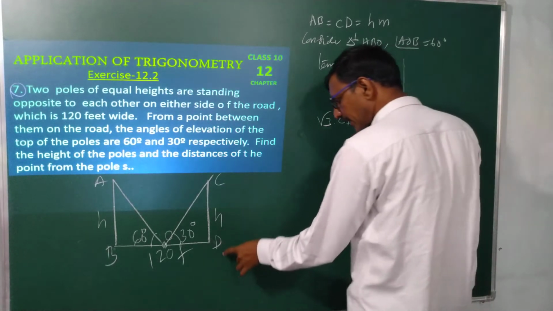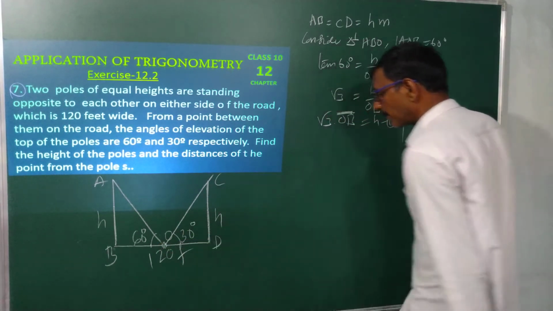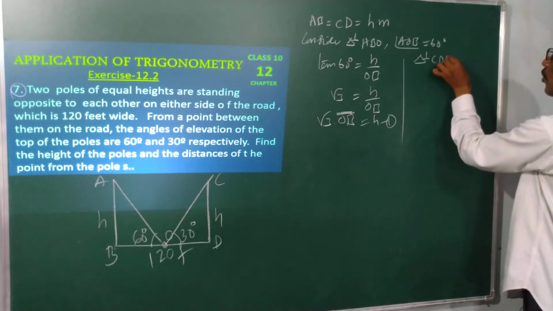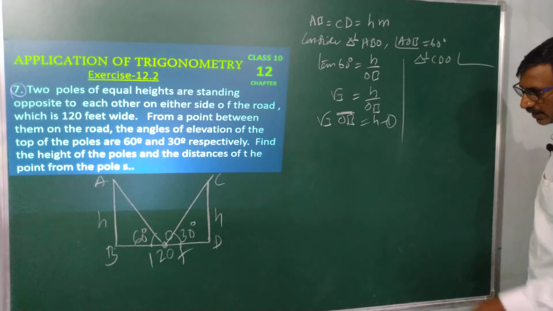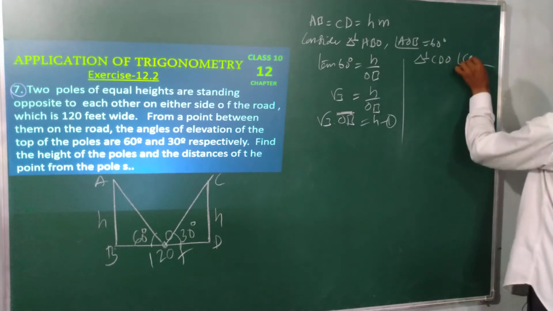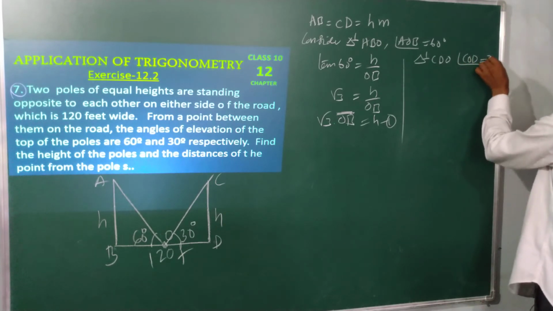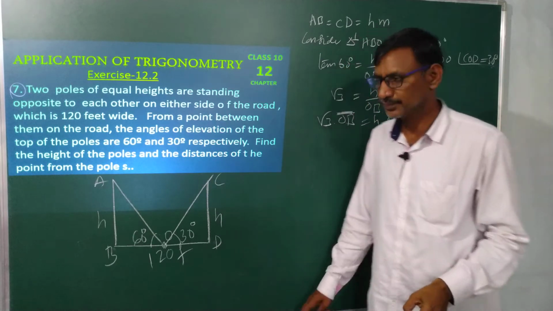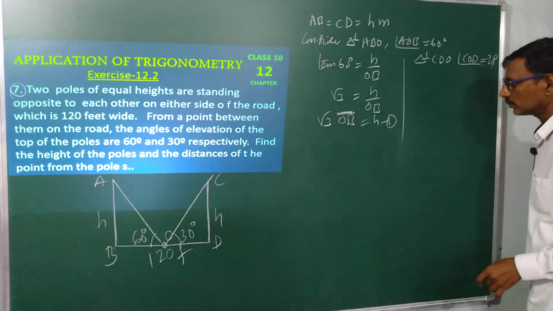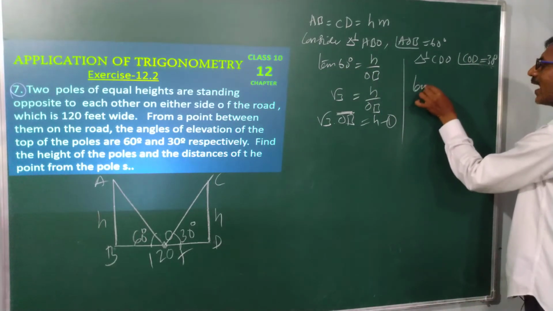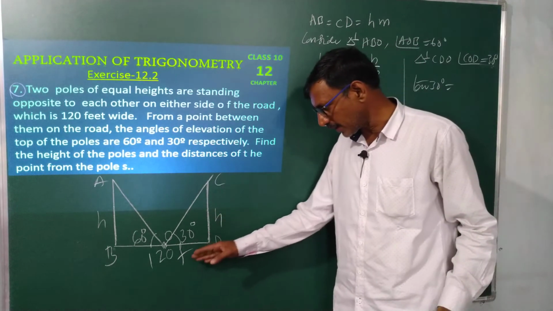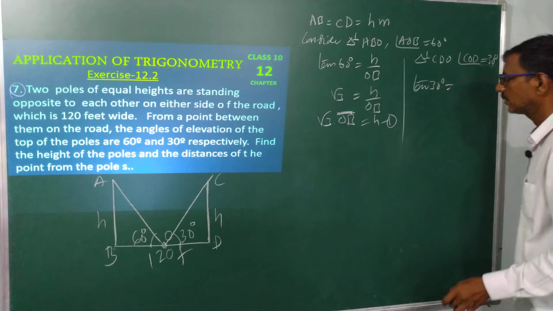Similarly, by considering right angle triangle CDO, the angle of elevation COD is equal to 30 degrees. This is my 30 degrees. Now tan 30 degrees is equal to, similarly, opposite side by adjacent side.